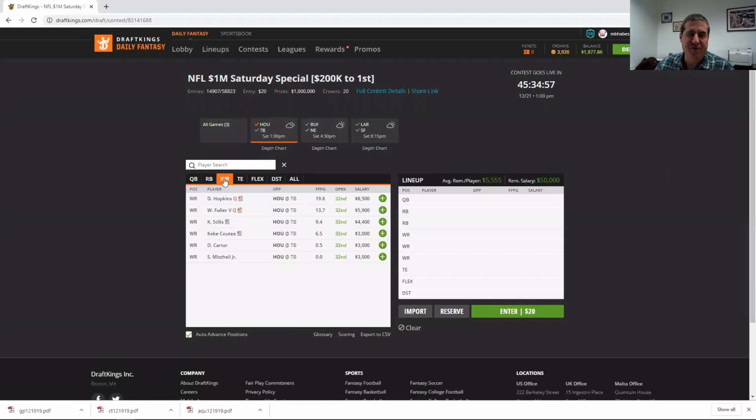Now, I always build from the receivers out, and I let the quarterbacks fall into line. Whichever wide receivers I use, that's what quarterback I end up using, rather than building from the quarterback out. So the highest owned player overall is DeAndre Hopkins, projected to be about 75% owned.